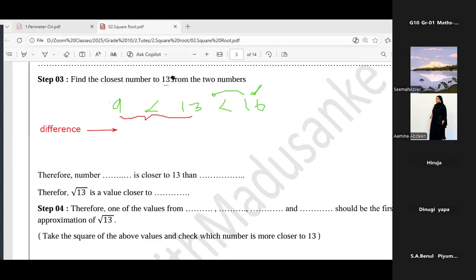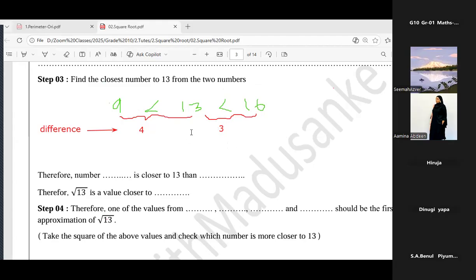4. Yes. Difference between 9 and 13 will be 4. Likewise, you can tell me the difference between 13 and 16. 3. The difference is 3. Right?